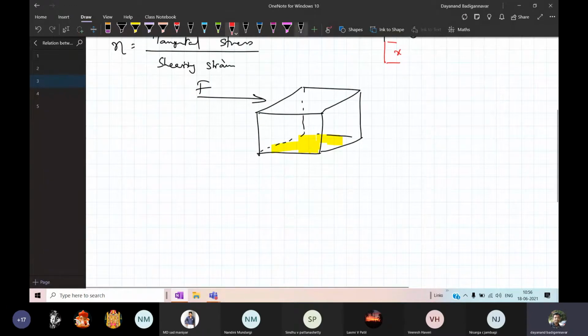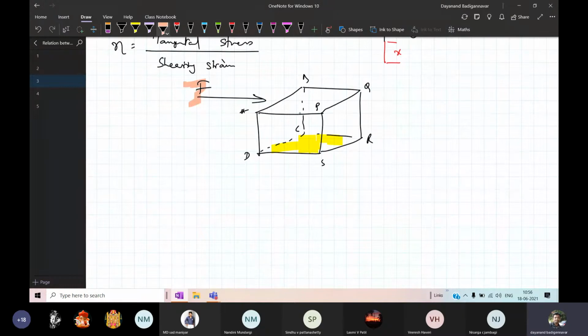If I take these points as A, B, C, D, and these points as P, Q, R, S, then due to the application of the force, the top layer will be modified.